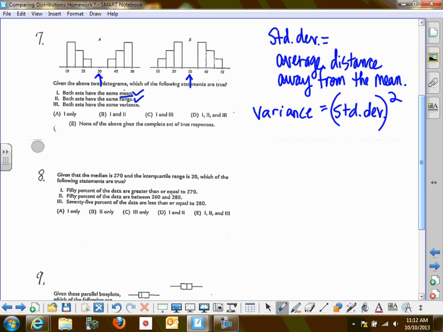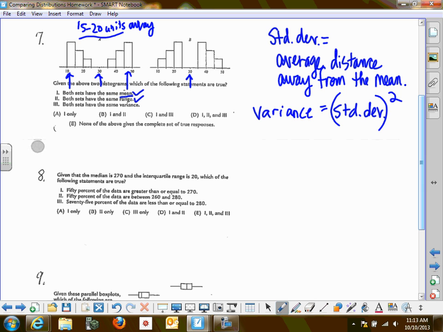So if you take your standard deviation and you square it, that's what the variance is. Okay, so talk to me about this. Most of the items in set A are 15 to 20 units away from the mean.